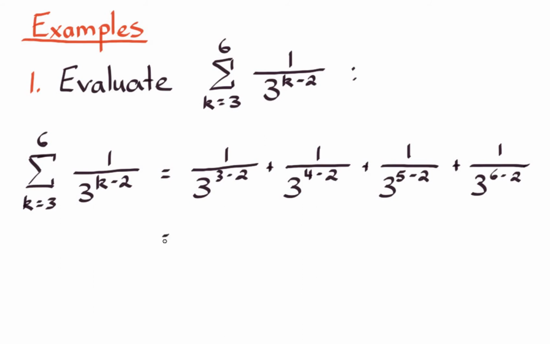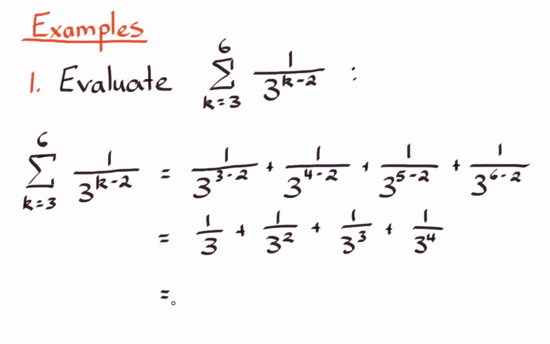Alright, let's simplify each of these terms a little bit. So we've got 3 minus 2 is 1, so this is just 1/3. Then we've got 1 on 3 squared, 1 on 3 cubed, and finally our last term is 1 on 3 to the power of 4.